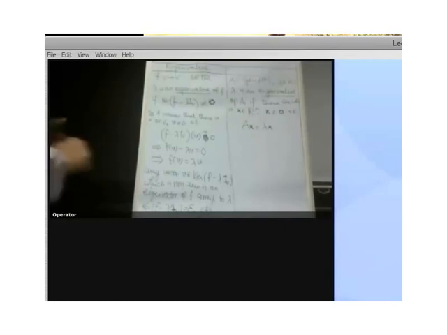And this is the eigenspace of lambda, the eigenspace of A for lambda, and eigenvectors are the non-zero members.